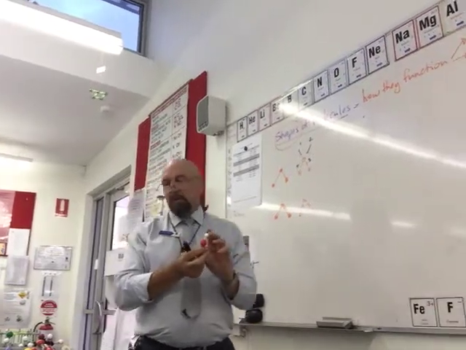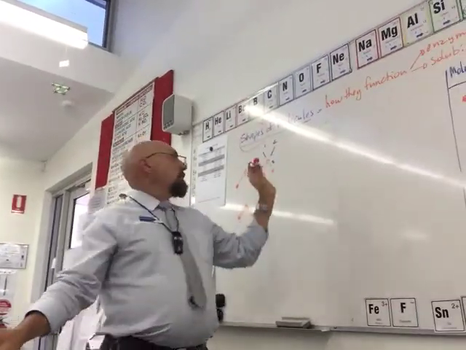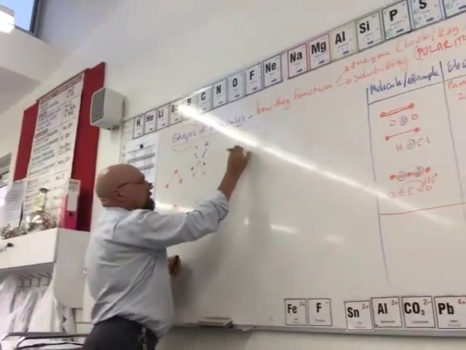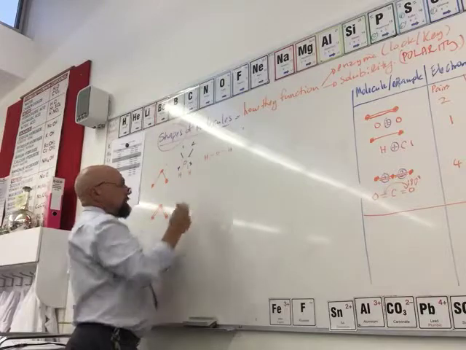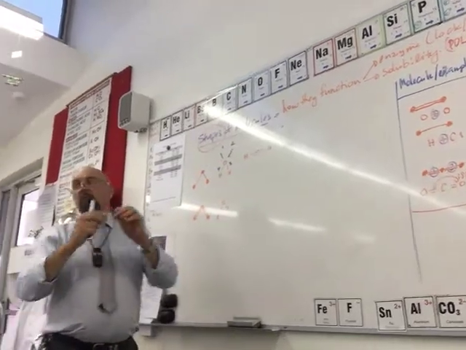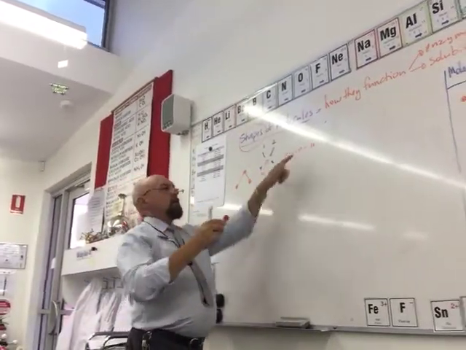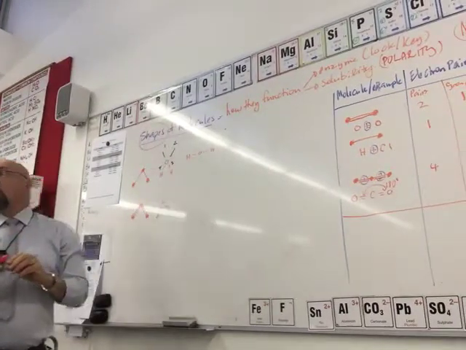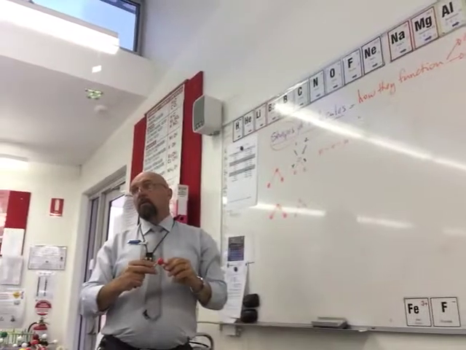Now we spoke about this briefly last week, but if we drew the structure for water like this last week, we said if we apply the idea that these and these repel, there's 4 groups essentially, they are going to repel.